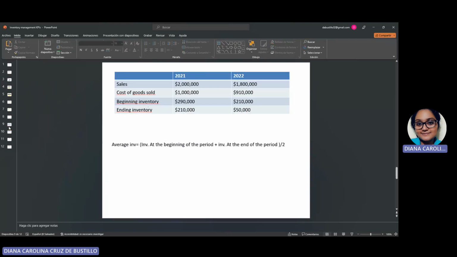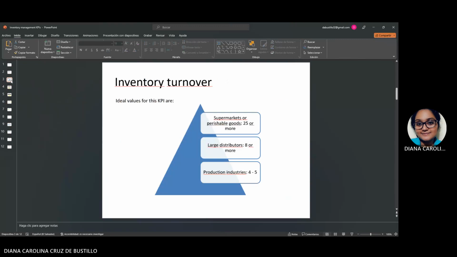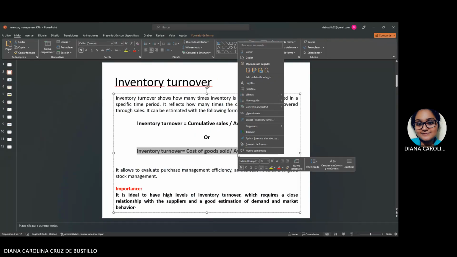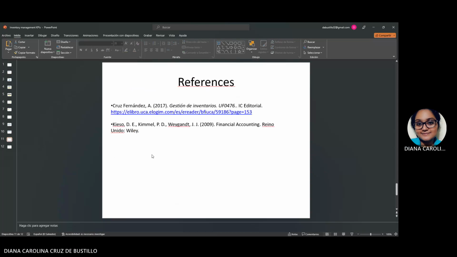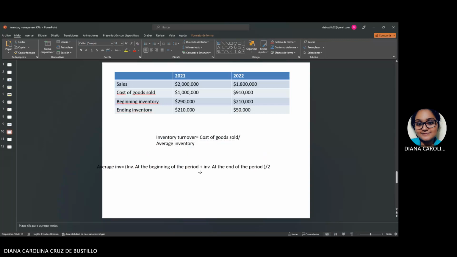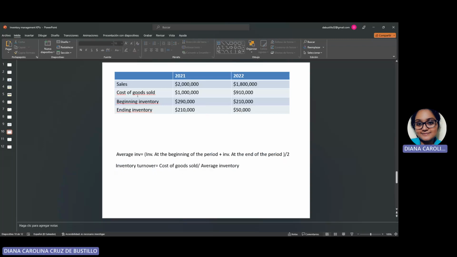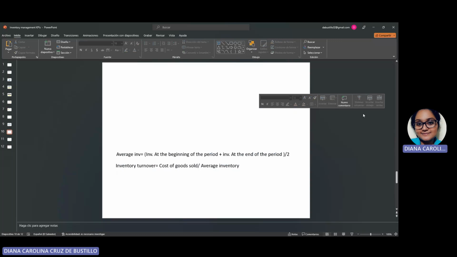So let me just bring the other formula as well. Okay, this is the formula. Okay, so we have the cost of goods sold. We only need to calculate the average inventory for us to determine the inventory turnover.